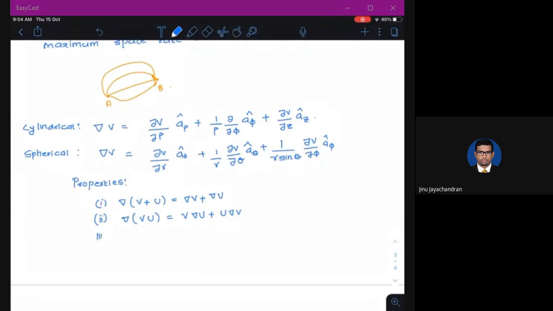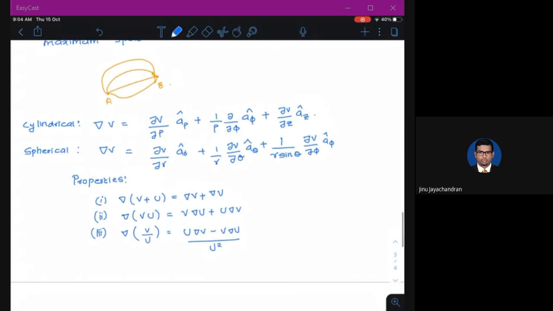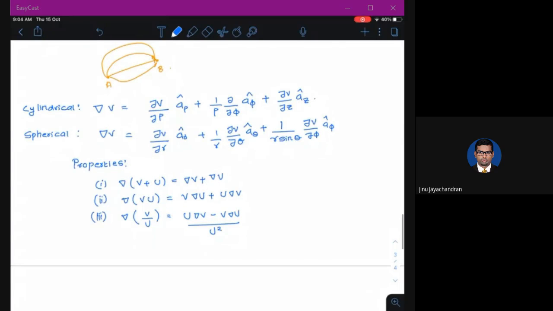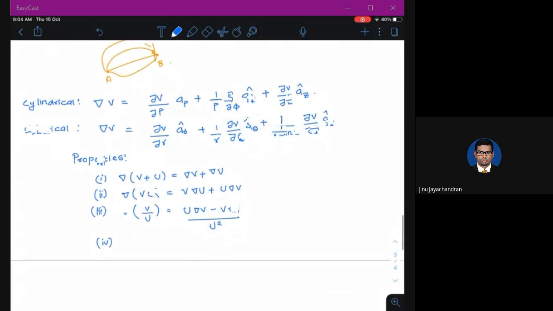Third property: del of (v/u) is equal to (u del v minus v del u) divided by u squared. So these properties are basically your differentiation properties. There is not much in this, but still let's state it. Del of v raised to n is equal to n v raised to n minus 1 times del v.